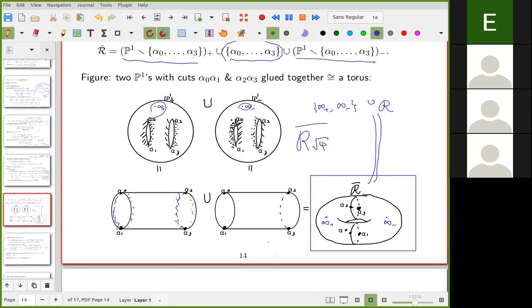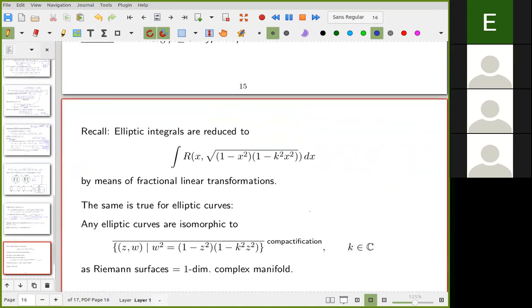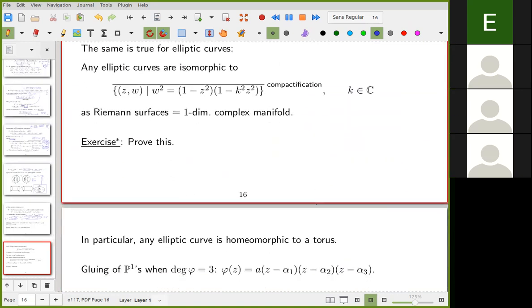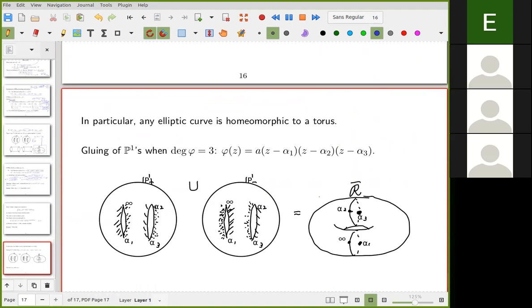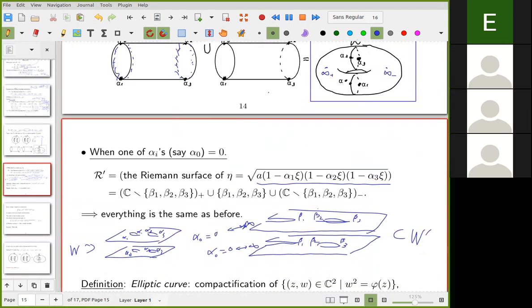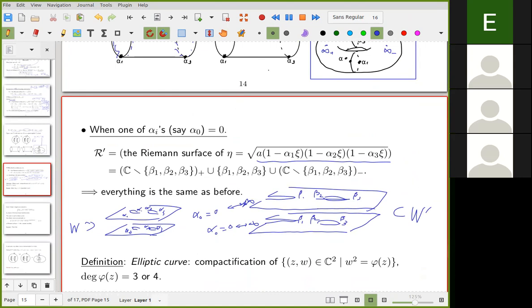Just in this case, infinity in this picture corresponds to some point where psi is 0.